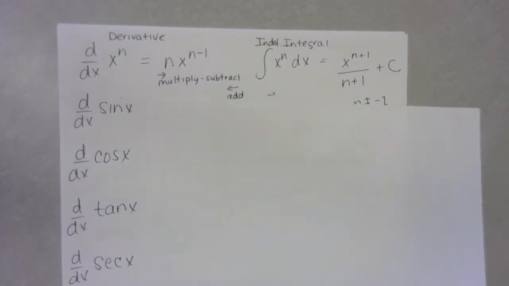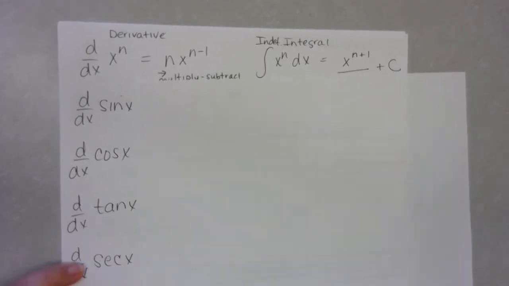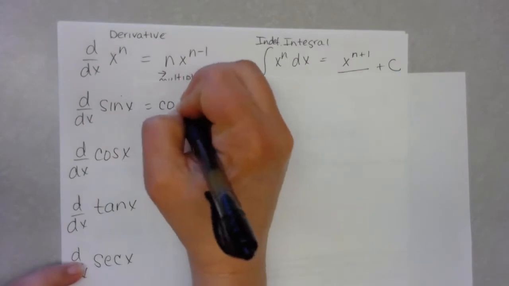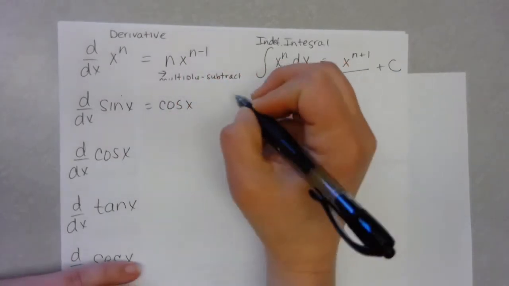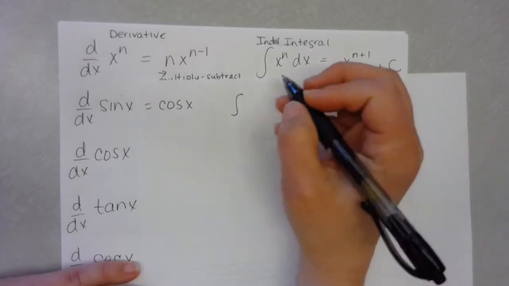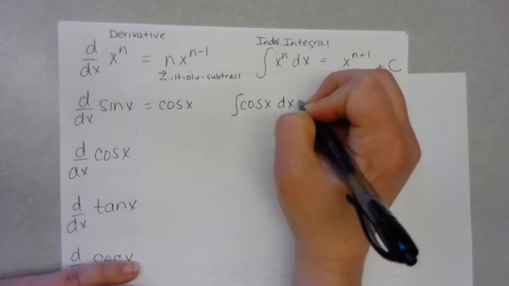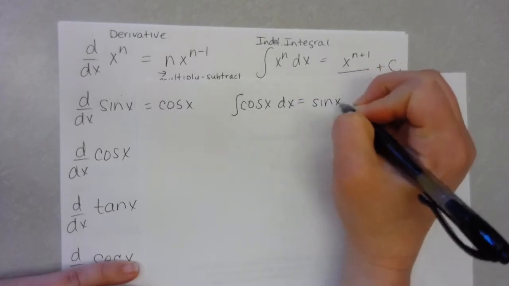Now if we go through the rest of these, we know that the derivative of sine is equal to cosine of x. So that means that the antiderivative, this is why it's so important to know these derivative rules, the antiderivative of cosine of x dx is equal to the sine of x plus c.